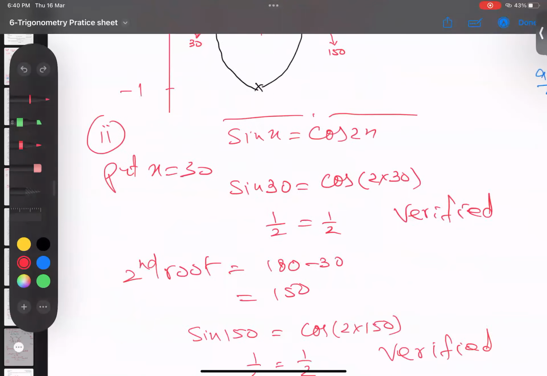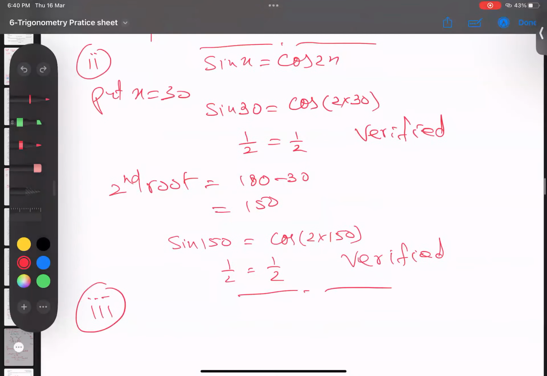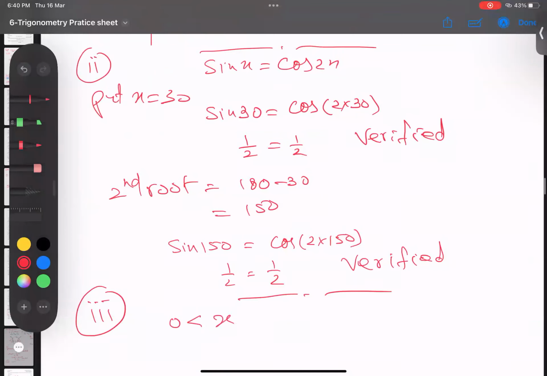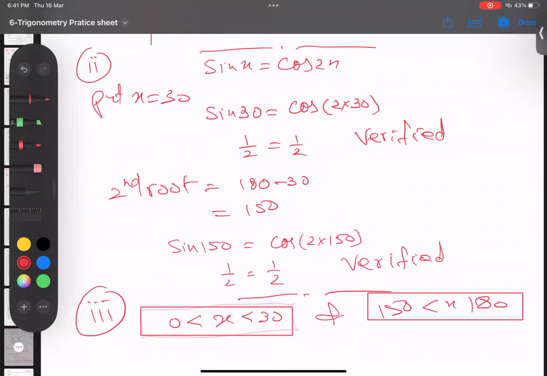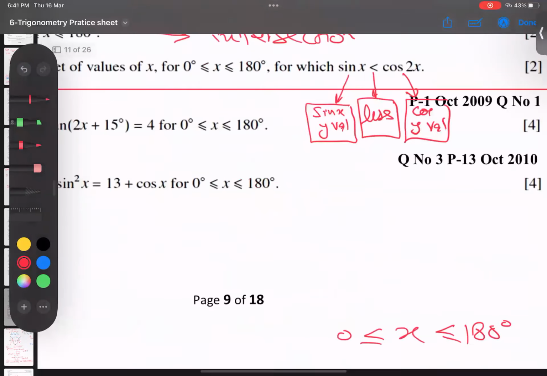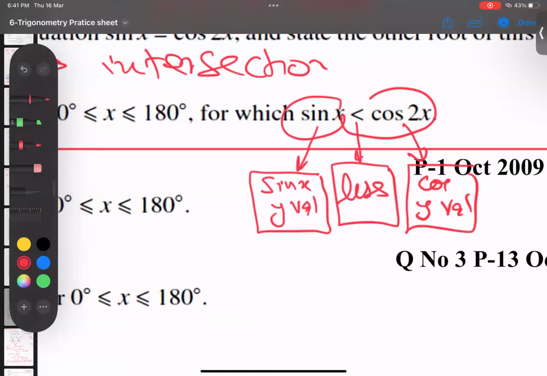So what is my answer? I'm writing it finally. The x value starting from 0, ending at 30, and starting from 150 and ending at 180. This is my answer because he was asking what situation we have where the sine value should be less than the cos value, like the sine curve goes below and the cos curve goes above.